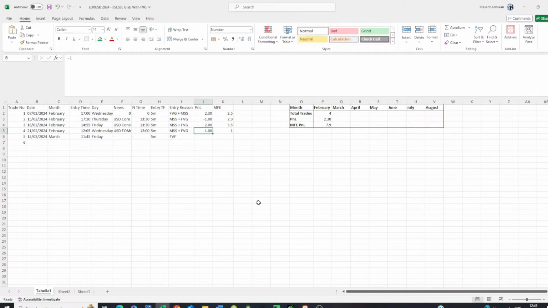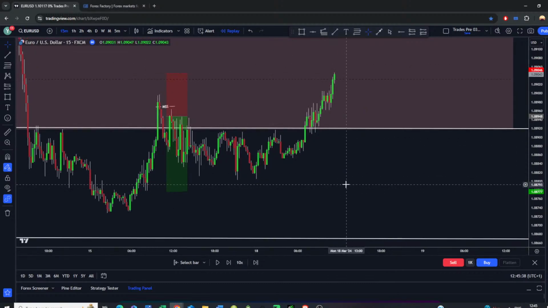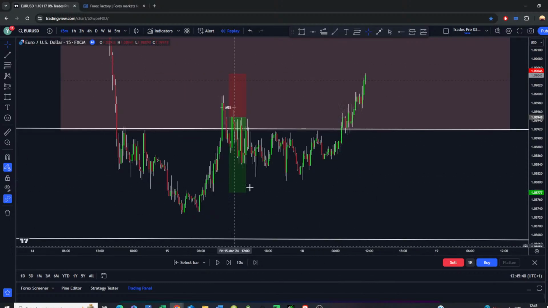FVG -1. MFE also -1, so that's a losing trade, and we've come back onto this 50% off this 240 fair value gap above Friday's highs.